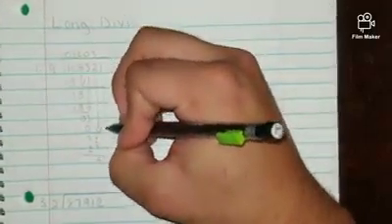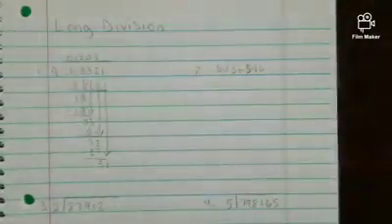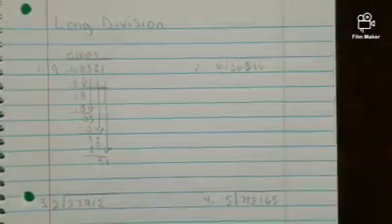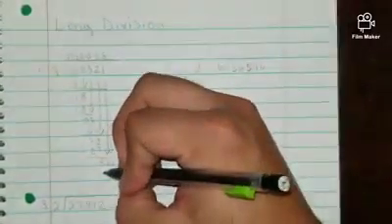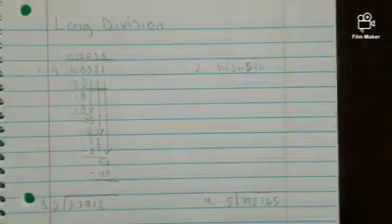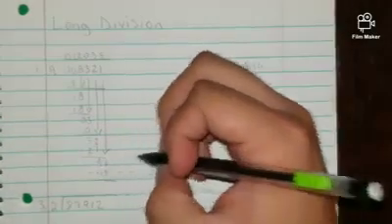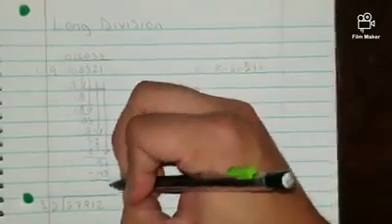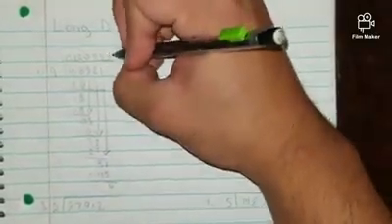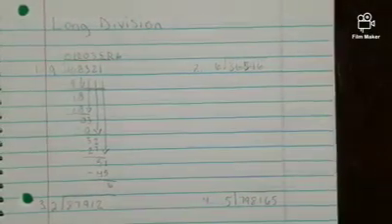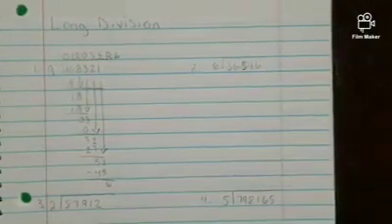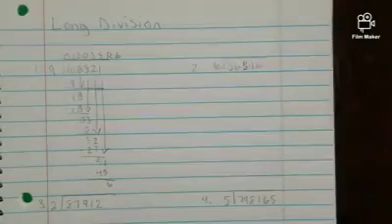And then we bring down the 1 lastly. 9 goes into 51 5 times. 9 times 5 would give us 45. We subtract. 51 minus 45 would give us 6. So our remainder would be 6. So our answer would be 12,035, remainder 6.